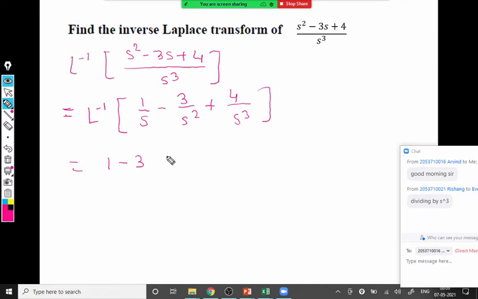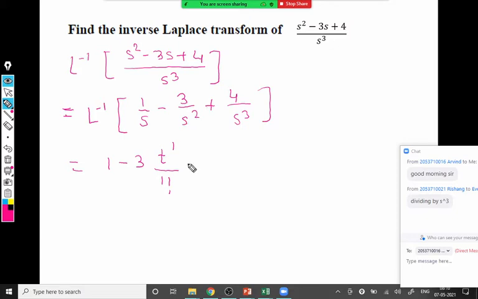So just recall the formula: L inverse of 1 upon s raised to n plus 1 is t raised to n upon n factorial. So for 1 upon s square, it is not t square by 2. It is t raised to 1 upon 1 factorial, because it is s raised to n plus 1, that is 1 plus 1.